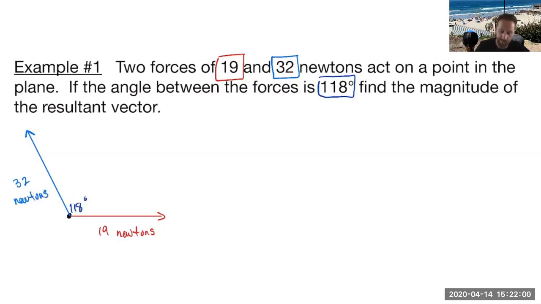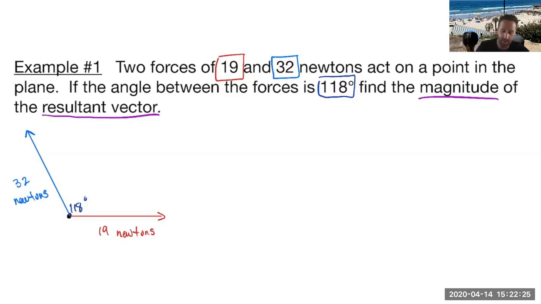Well, then what do I need to try and find? Well, what did they ask us to find? The magnitude of the resultant vector. So I know it's going to be drawn somewhere in between the blue and the red vectors, probably more towards the blue because it was the force that was greater, but I want to know exactly where.